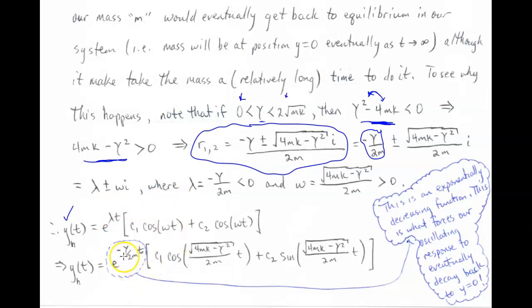It is this exponential part that's being multiplied times this periodic, or what we call quasi-periodic, function, because it's not truly periodic. And this is making the oscillatory part of our response decay to zero over time.